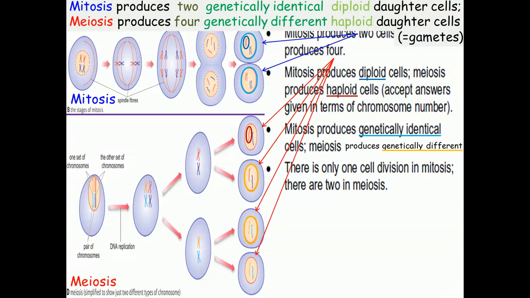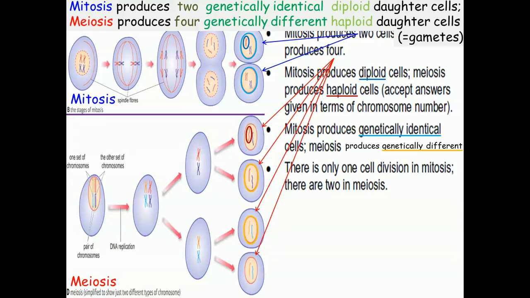To summarize that, we can say that mitosis produces 2 genetically identical diploid daughter cells, whereas meiosis produces 4 genetically different haploid daughter cells. So 2 cells are produced in mitosis, but 4 cells are produced in meiosis. The daughter cells are genetically identical in mitosis, but genetically different in meiosis.